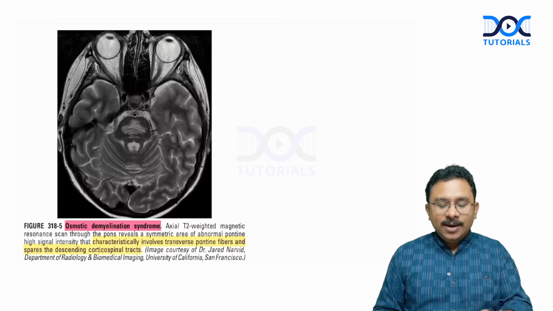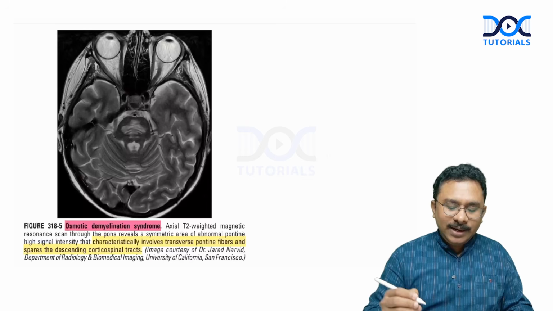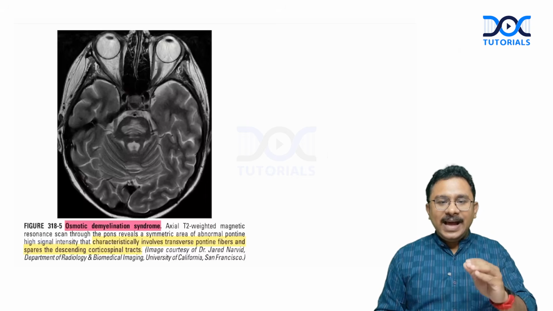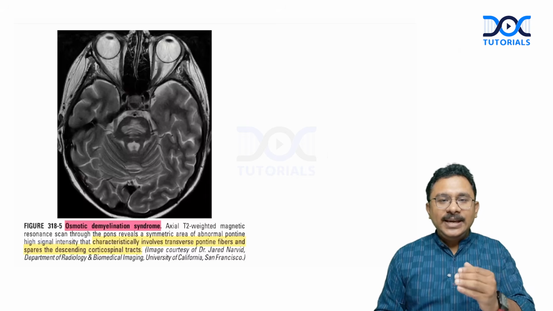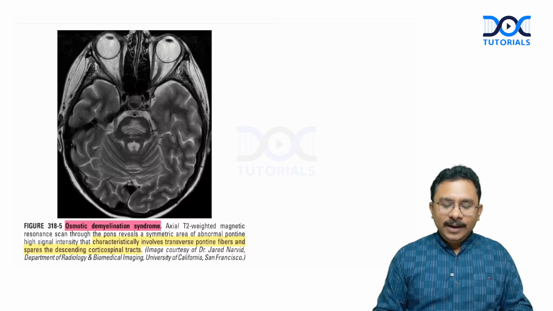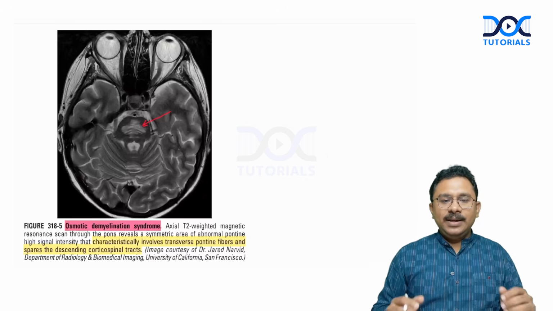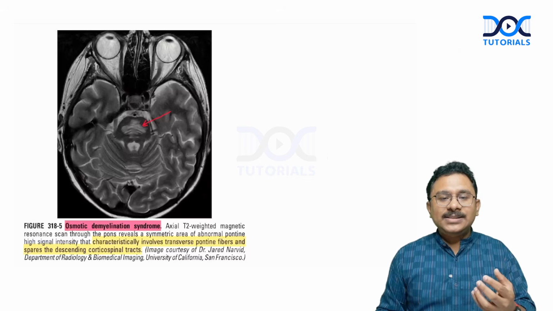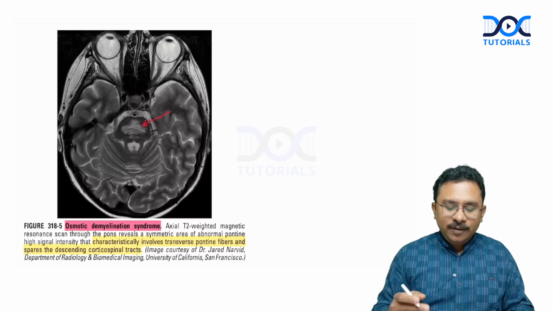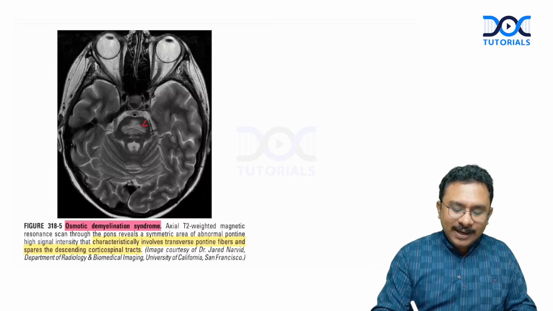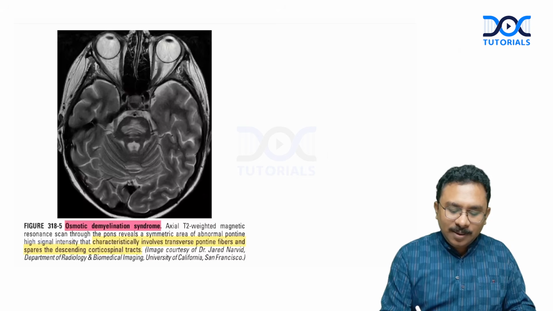So you can see here the osmotic demyelination syndrome. This is axial T2 sequence of the brain, and you can see that in the region of pons there is demyelination. You can see hyperintensity involving the pons, and if you notice carefully, the hyperintensity has a peculiar pattern.